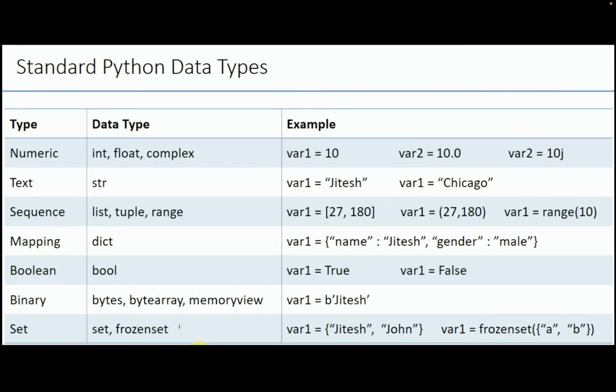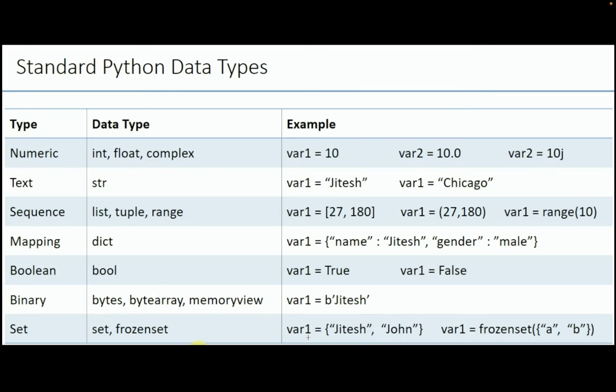And finally, we have the set and frozen set data types, which again store a collection of items but without the keys.